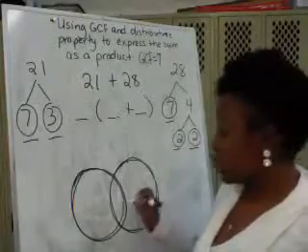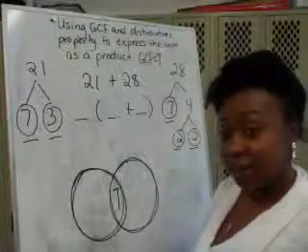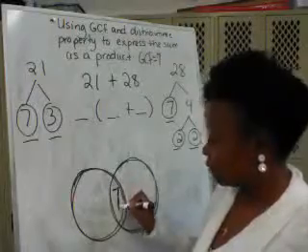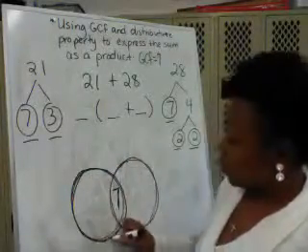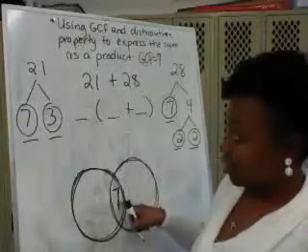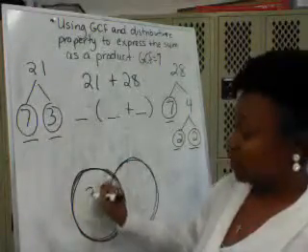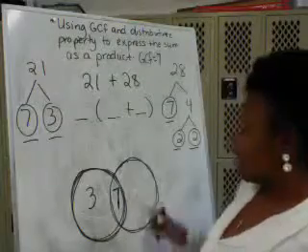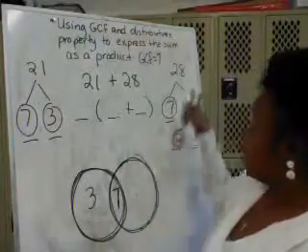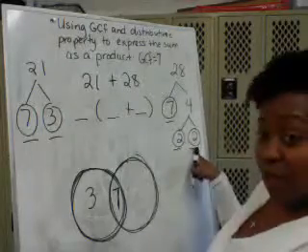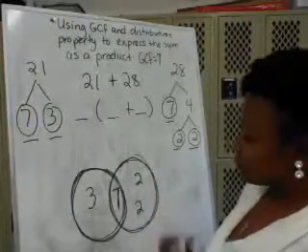Yes, 7. So that's going to go in the center right there. That's where I'm going to put my 7. Now, if this circle represents my 21, I already have a 7 in there. I just need to add my 3. And this circle represents my 28. I have a 7 there. Oh, I have to add my 2 and my 2. So I'm going to add two 2's.